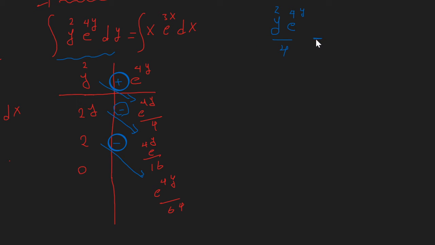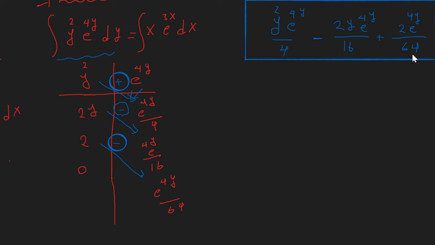Then we have a negative sign, which is this one, and we have the term 2y over 16 multiplied by e to the 4y. Finally we have plus, and this term is 2 e to the 4y divided by 64, and this is your left hand side integral.